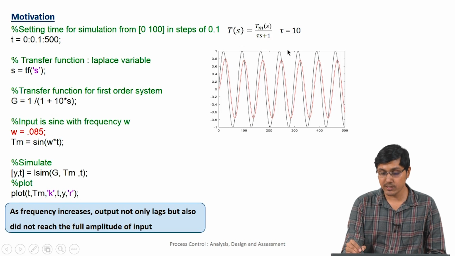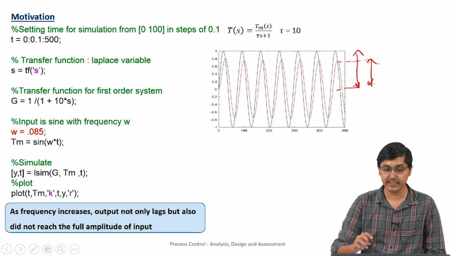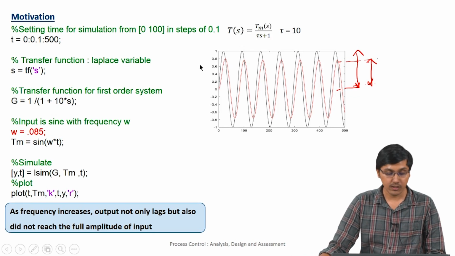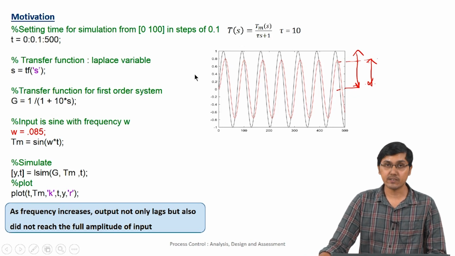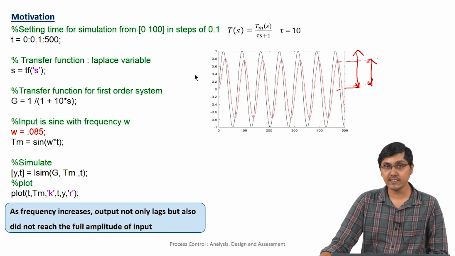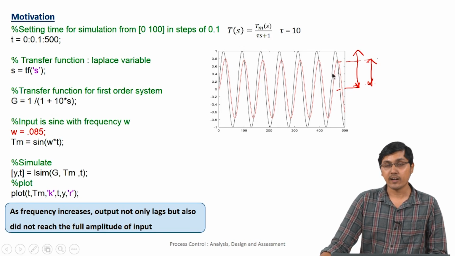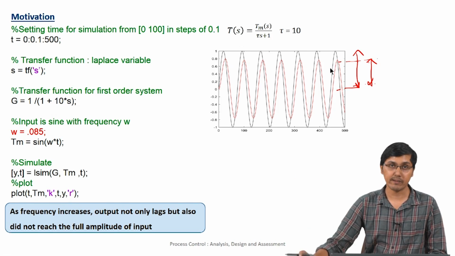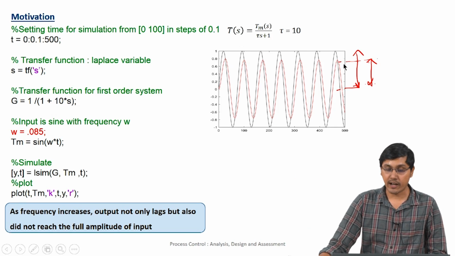The amplitude of the input signal is this much, but the output that the thermometer records is only up to this much. So the thermometer never measures the total temperature change. These are the two basic things we observe when the frequency changes. One is that it can lag. The second is that the amplitude is limited after a certain frequency; it doesn't show the full amplitude.